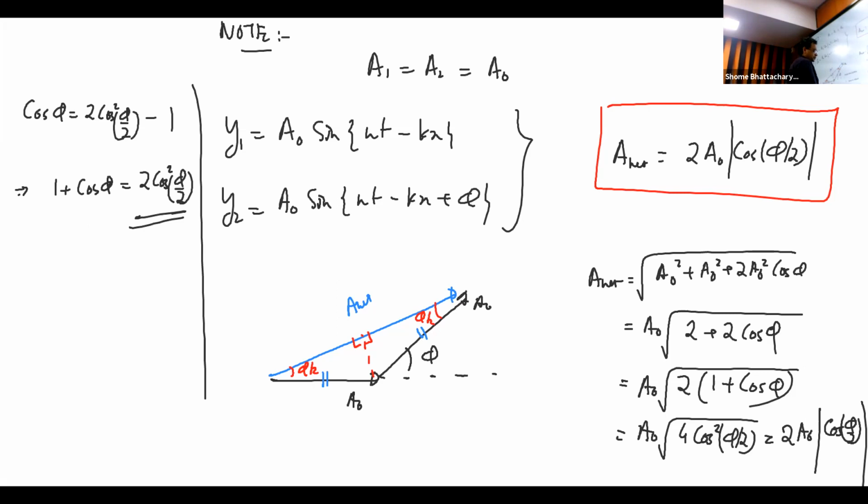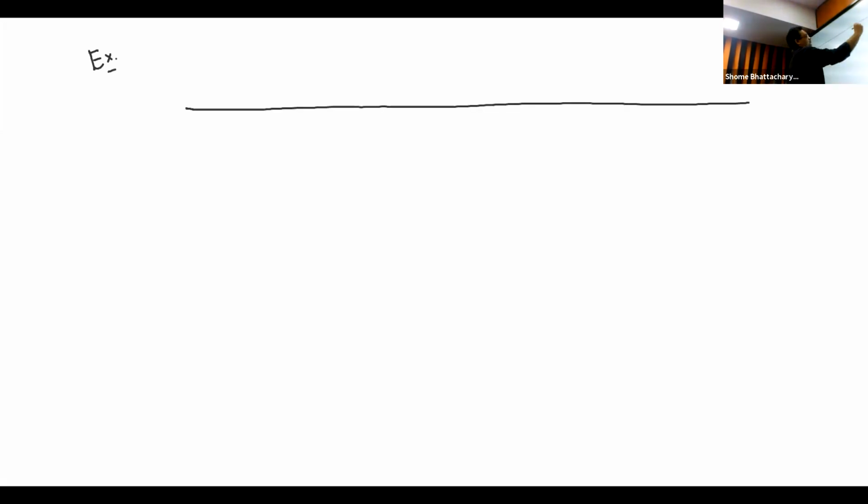All right, now moving on. Let's look at a numerical example before we finally move on from interference. Okay. So we have again a thread which has a tension of 400 newtons and a linear mass density of 0.1 grams per centimeter.